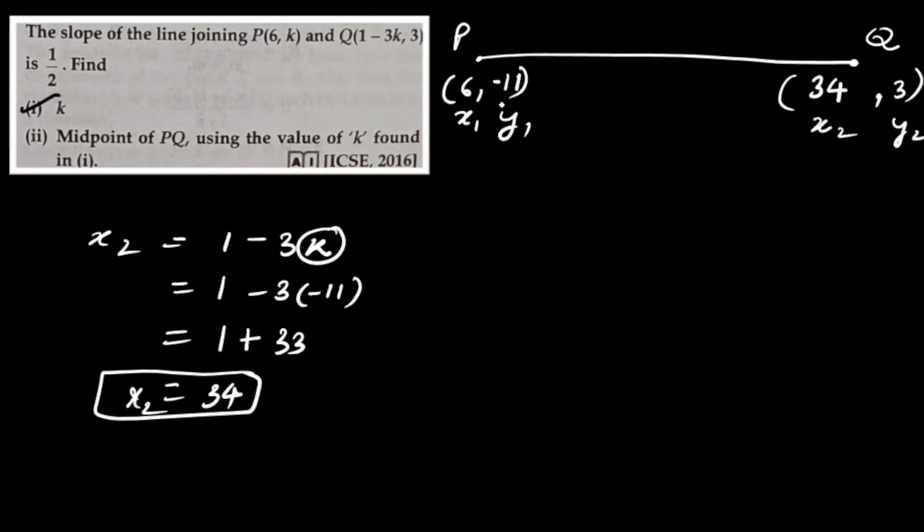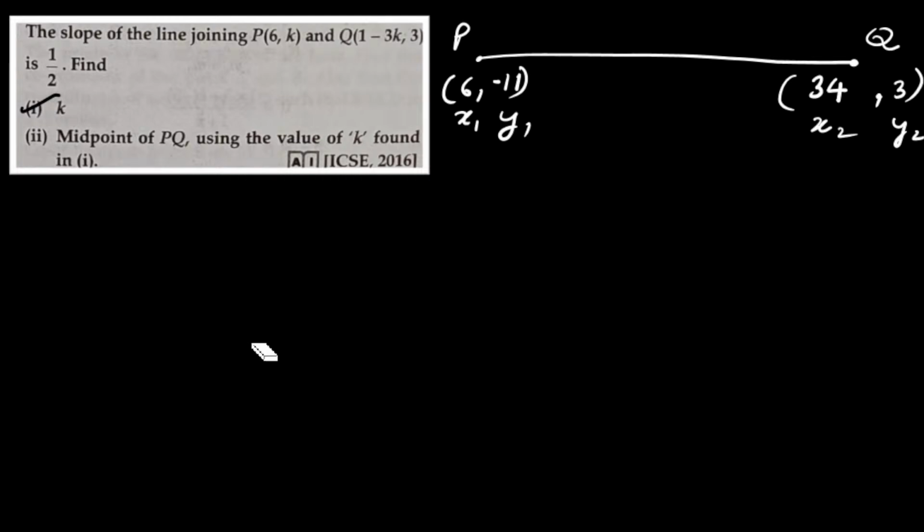So the coordinates of P and Q after substituting the value of K we got as 6, minus 11 and 34, 3. So now we have to use these coordinates and find the midpoint of line segment PQ. So we will use the midpoint formula. Suppose M is the midpoint, so x, y we have to find.